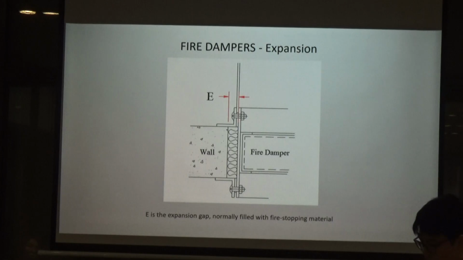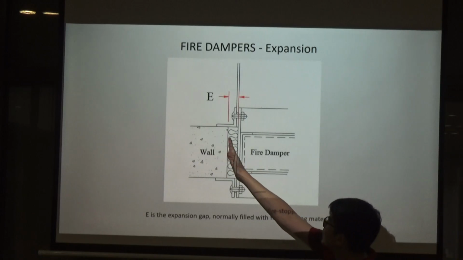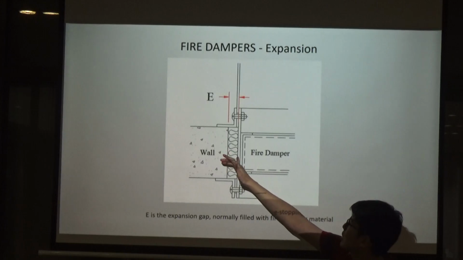Okay, so E is the thermal expansion gap. Normally this gap will be filled with fire stopping material. In Singapore, normally we use rock wool, fiberglass, all this. So E is the gap between the wall opening here and the damper frame over here.